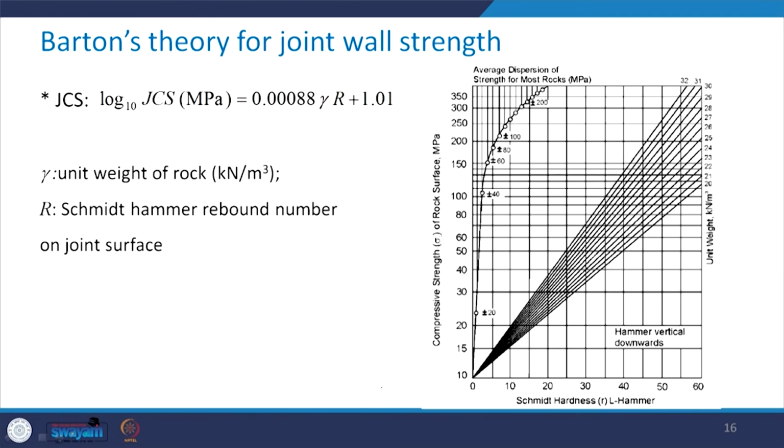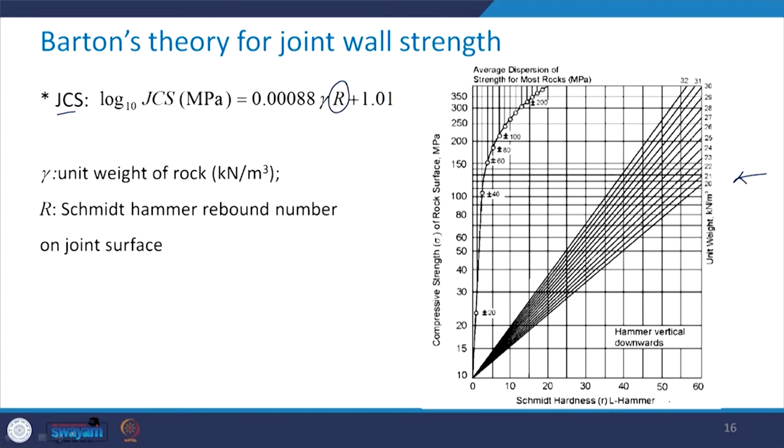Now, how to determine this JCS and JRC? JCS can be determined from the Schmidt hammer rebound number on the joint surface, which is denoted as R. We are familiar with this figure.